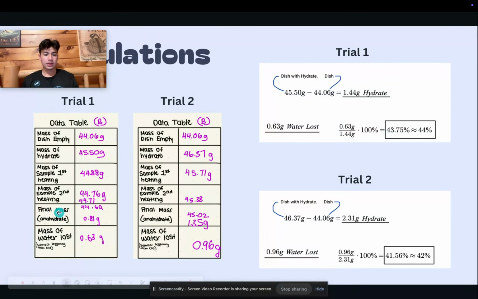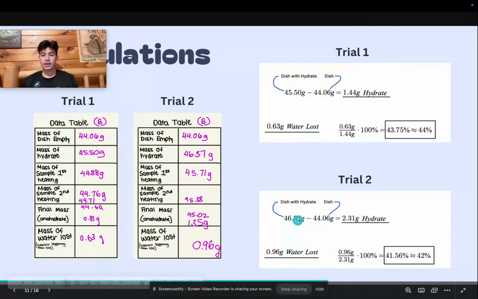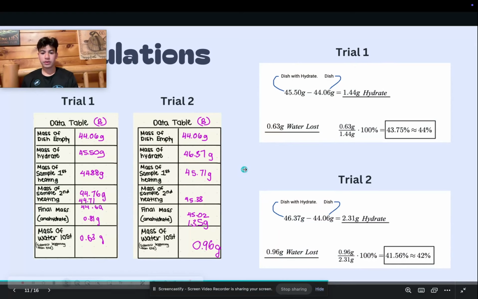We then calculated the final mass of our anhydrate, 0.81 for trial 1, 1.35 for trial 2. And we also were able to calculate the mass of water lost for the two trials by subtracting the beginning mass and the end mass.